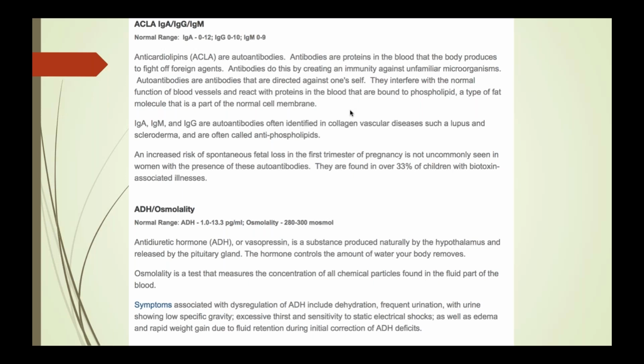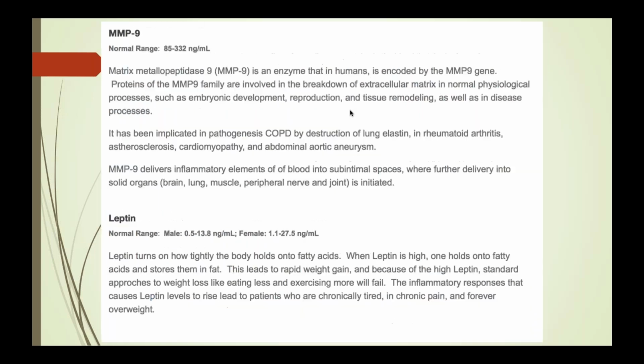So doing lipid replacement is so important for these patients. Phospholipids in general, and in addition, they have altered cardiolipin at the mitochondrial inner cell leaflet, and this can trigger an autoimmune response there too. In addition, ADH, osmolality, MMP9, leptin.